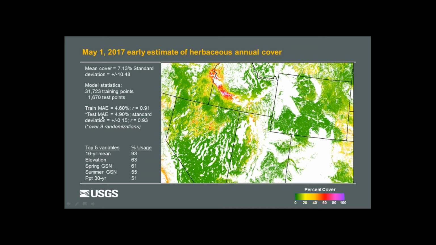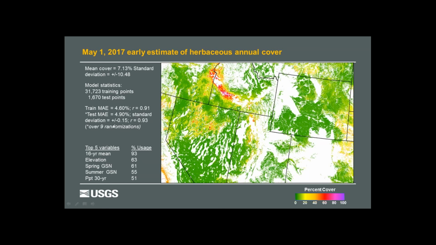Again, looking at the training and test mean absolute errors, we show very close error rates, so again we're not concerned about over or underfitting. The correlation coefficients are again fairly substantial.